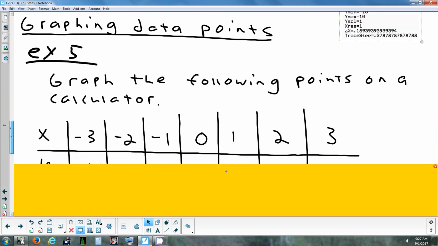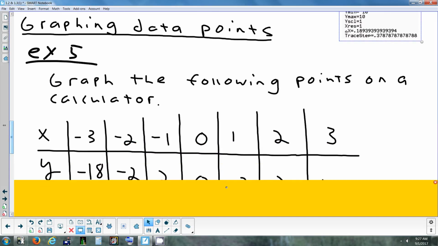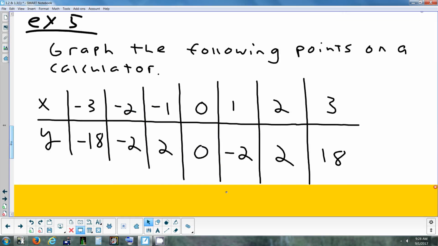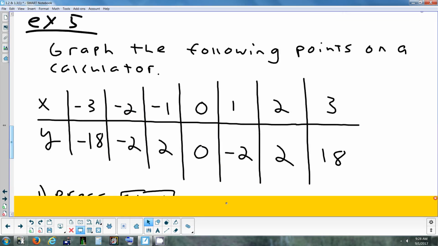Okay, another thing we can do with the calculator that can come in handy sometimes is graph individual points. Sometimes you might have data if you did an experiment and you want to graph the points and see if there's a pattern, or maybe you'd want to put the points in and have the calculator calculate a pattern. The calculator can do that too.